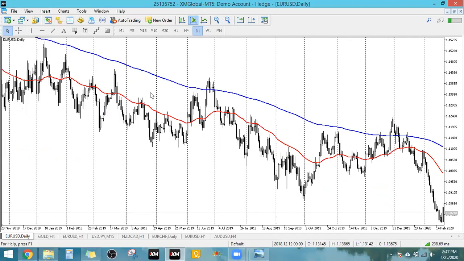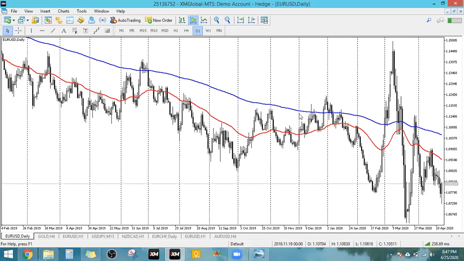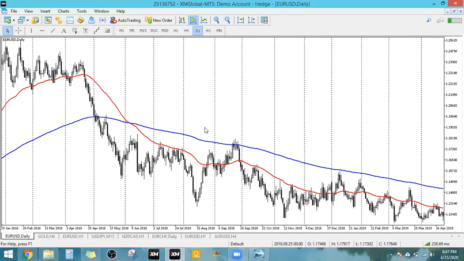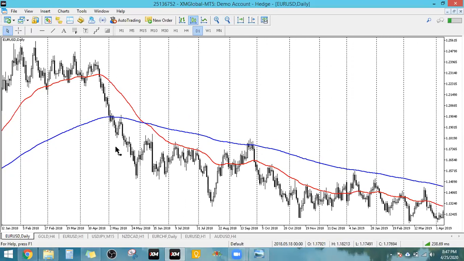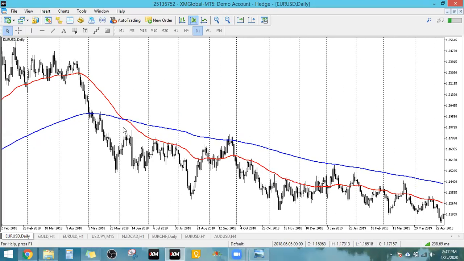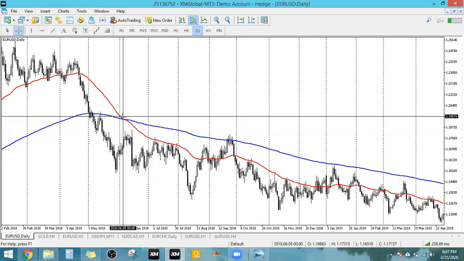For example, if you notice, if we just used our 50 moving average, ang dami nating sablay na trade na nangyari dito, to be honest, no? But since around May, nung time na nag-cross yung moving average, no?